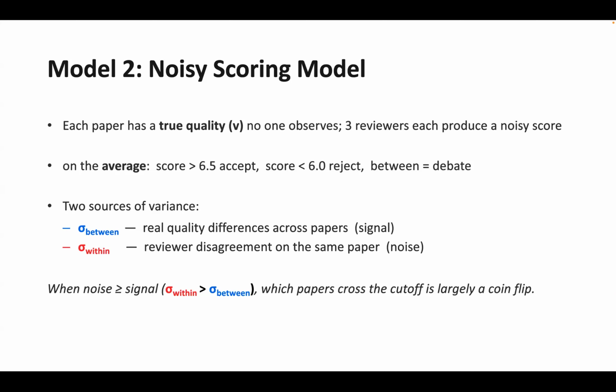This is a score out of 10. On average, for the NeurIPS committees, any score more than 6.5 tends toward acceptance, any score less than 6 tends toward reject, and in between is where the debate happens, right? So the model is that when the noise, which is the reviewer disagreement on the same paper, is higher than the signal, which is how much the papers differ from each other in real quality, the cutoff is largely a random number, based on a coin flip.